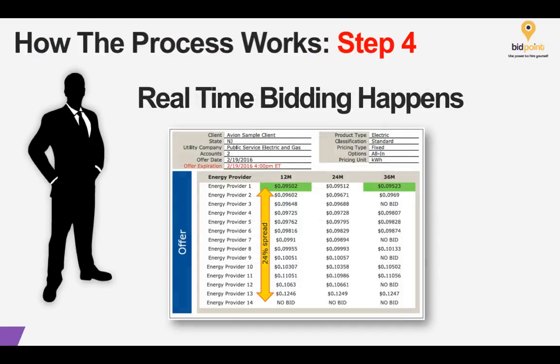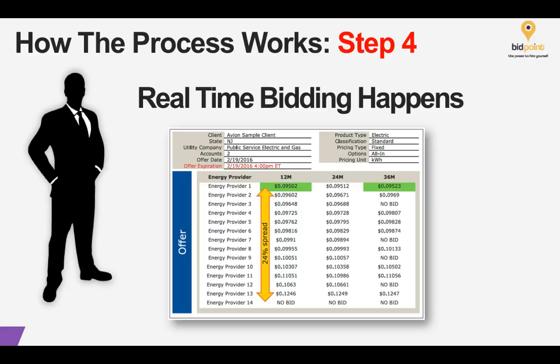And then step 4 is where the real-time bidding happens. Now, we, Avion Energy, who we're partnered with at BidPoint, we always say BidPoint powered by Avion Energy, have relationships and real big contracts with all of the top energy suppliers in the United States. Over 70 plus, that goes up and down depending on if some of these suppliers stay in business or not, but we're usually adding them on a regular basis.